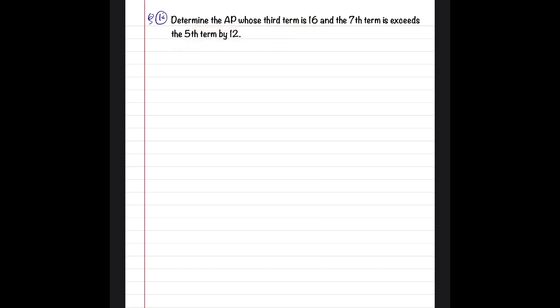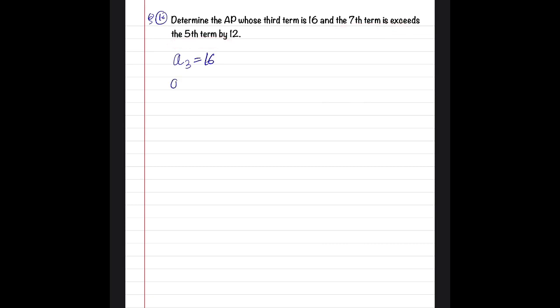So, students, first the given is determine the AP whose third term is 16, that is A3 is 16. Okay. So, third term is 16. Next, the 7th term exceeds the 5th term by 12.